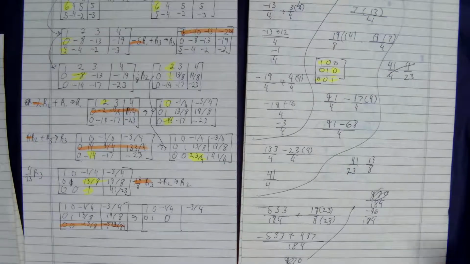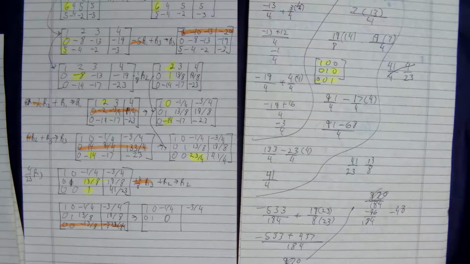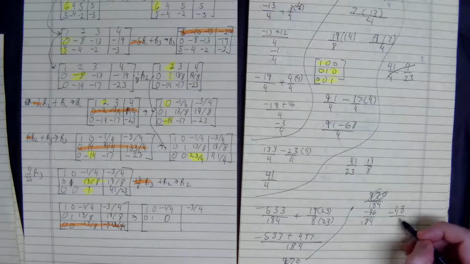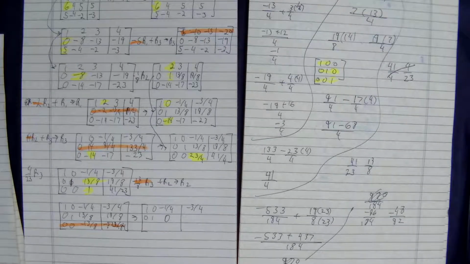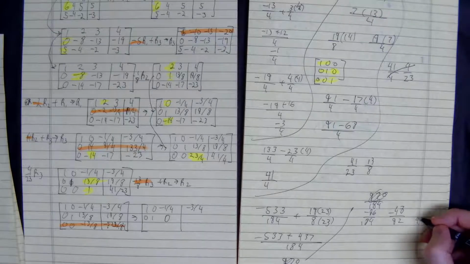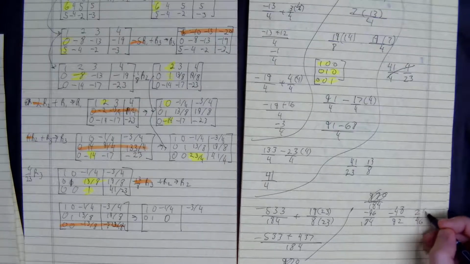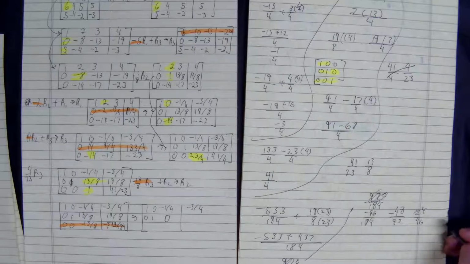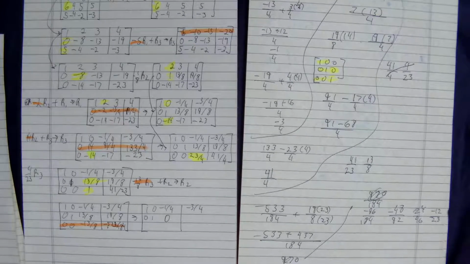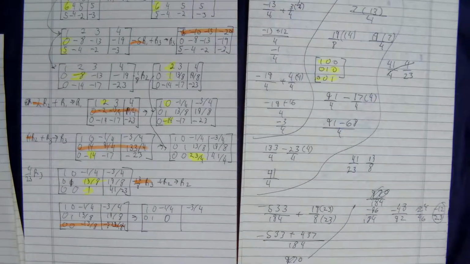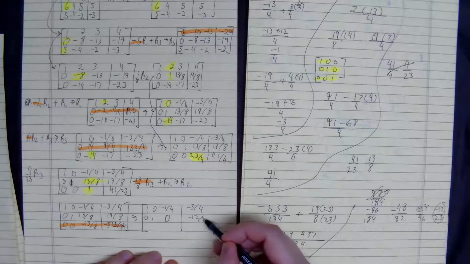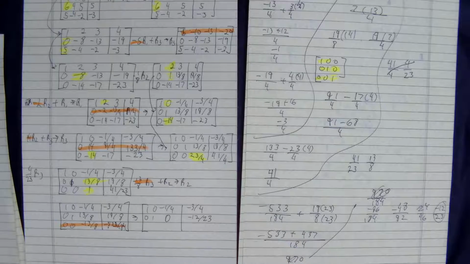Divided by 2, you get negative 48. 184 divided by 2, 92. Divided by 2 again, get 46 and 24. Do it one more time. Negative 12 over 23. That's the simplest it could be. So that's what we get, negative 12 over 23.